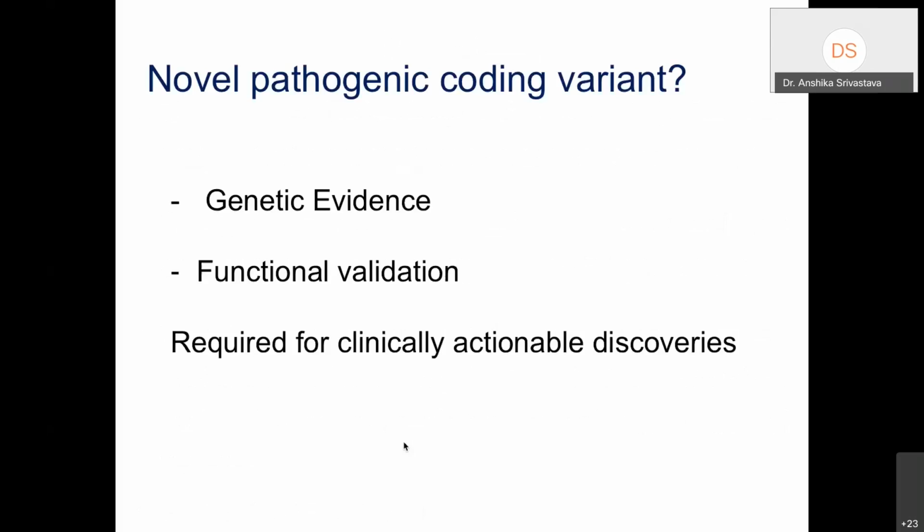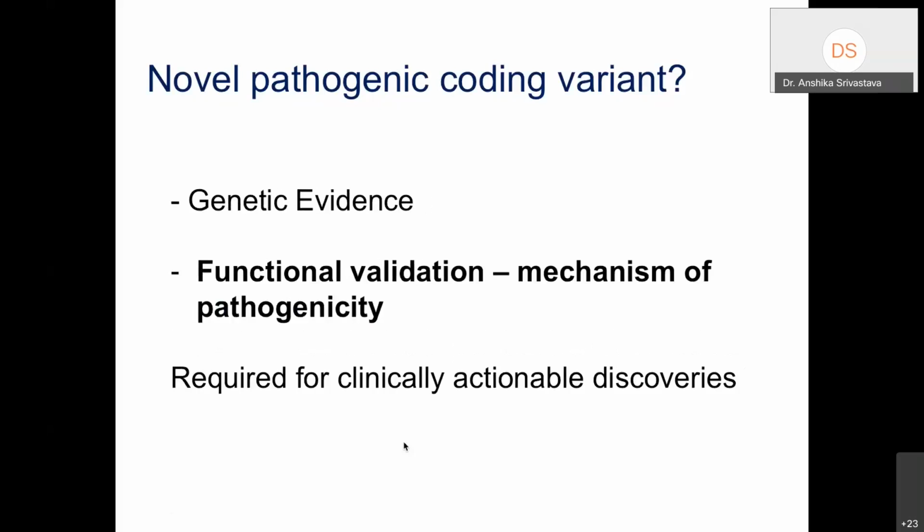So as I said, once you identify the gene, it is also important to functionally validate the variant that you have obtained through whole exome or genome analysis. So first of all, if it is a novel pathogenic coding variant, then we want to have its genetic evidence and functional validation that is required for clinically actionable discovery.